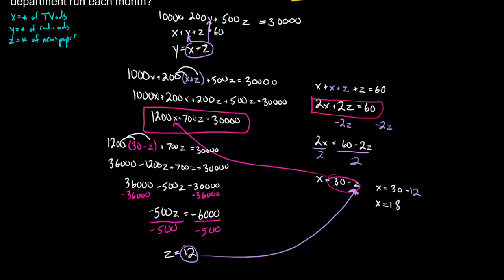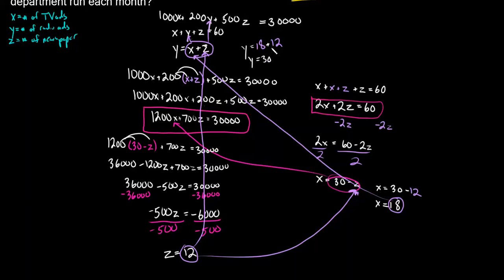So now I can take this 12, substitute it in for z right here, take this 18, substitute it in for x right here, and solve for y. So y is going to be equal to x, which is 18, plus z, which is 12, and that gets me 30.